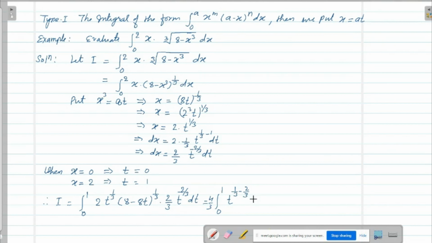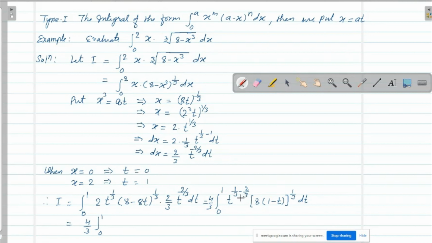Now this can be written as 4 by 3 integration of limit 0 to 1, and just simplify this. The base is same, so this becomes minus 1 by 3, so t raised to minus 1 by 3.